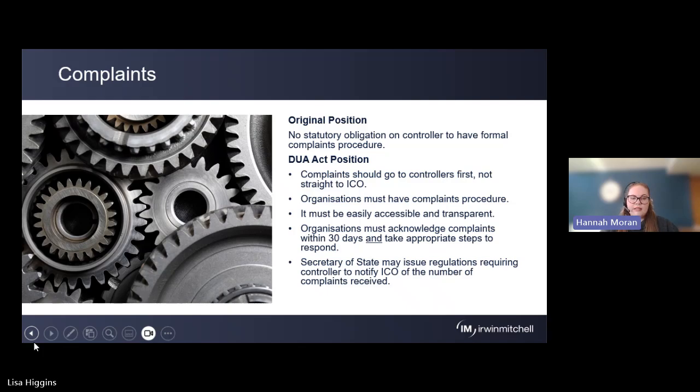And the Secretary of State has the power to require controllers to report complaint volumes to the ICO, but that doesn't look like it's happening at this moment in time, but it could be brought in the future. So it's just important to bear that in mind, and keep a record of the volumes of complaints you're receiving.